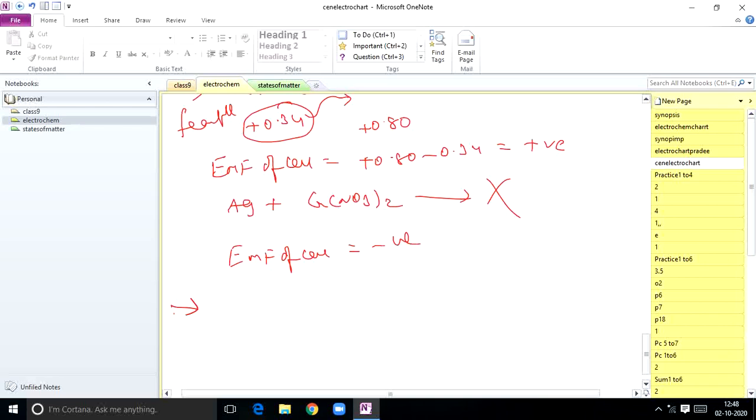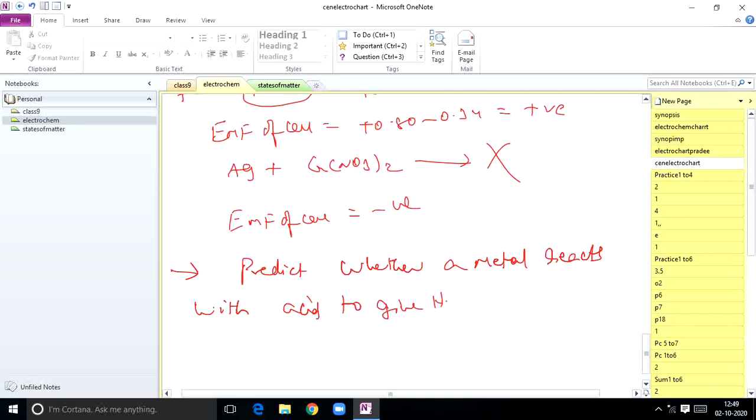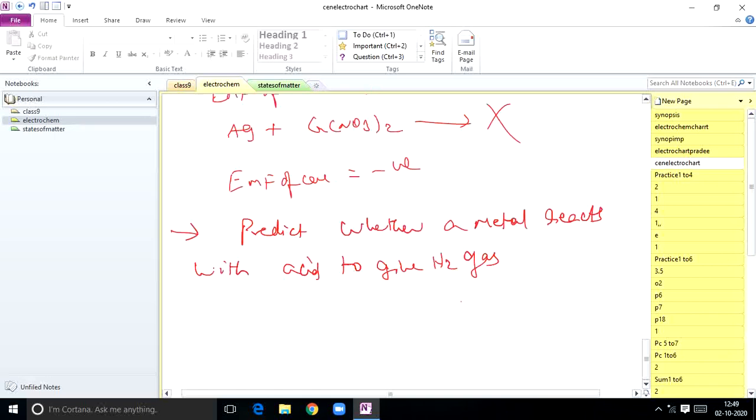Next, one more application: to predict whether a metal reacts with acid to give hydrogen gas or not. You already know the general point, that a metal reacts with acid to liberate hydrogen gas, but not all metals do that. So you can predict whether a metal reacts with acid to give hydrogen gas.